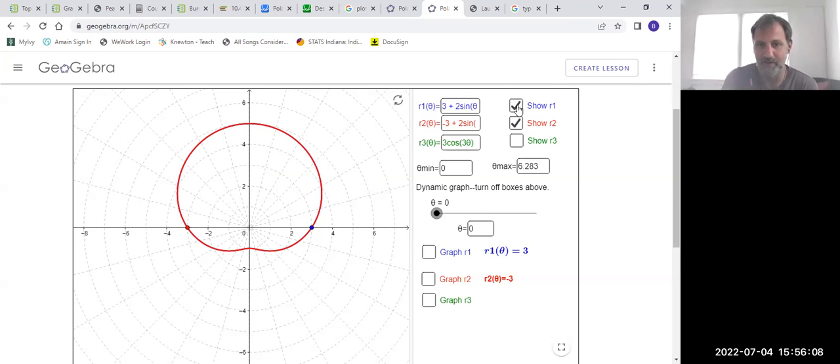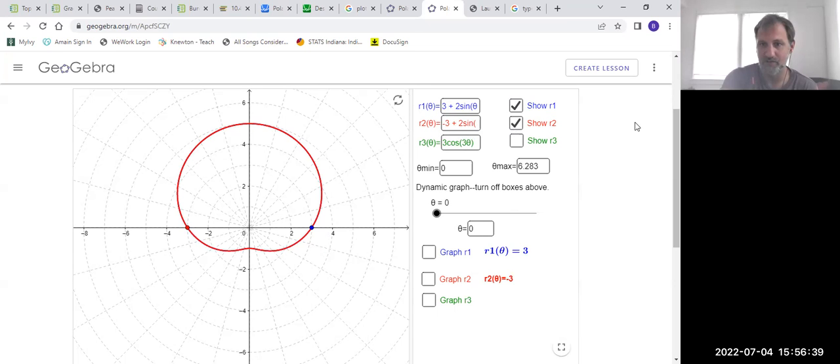And again, I can show that this red one is exactly the same as this blue one. This is the 3 plus 2 sine theta and the -3 plus 2 sine theta. And what I like is that it has the blue dot and the red dot on for a specific theta value. So at theta equals 0, of course, we know that sine 0 is 0. So 3 plus 0 and -3 plus 0, we start at different places. But as we go around, let's see, how do I turn this on?